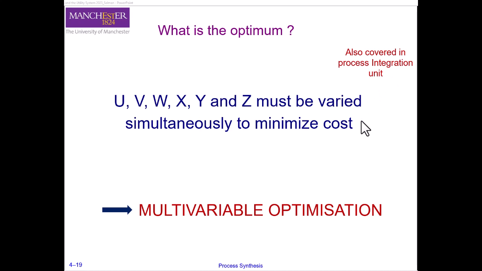So to minimize the energy cost and the capital cost, we need to optimize the network. This is a multi-variable optimization problem, actually quite complex, and we cannot solve it by hand, and we need a piece of software to find the solution in terms of the optimization variable, that is the cost of the system.